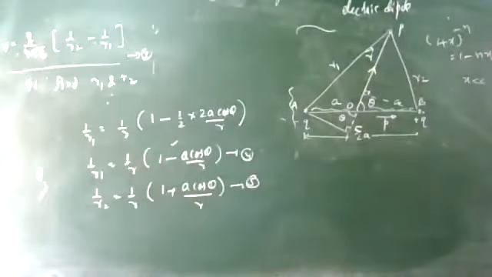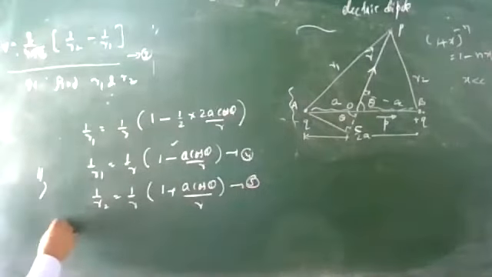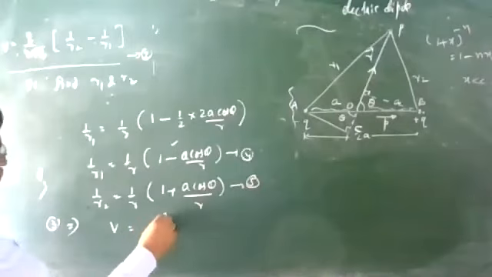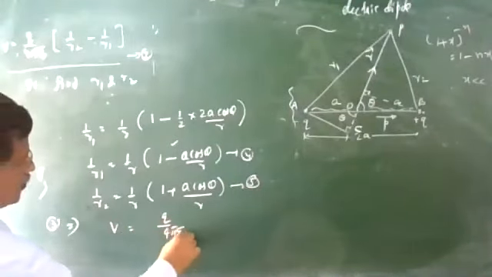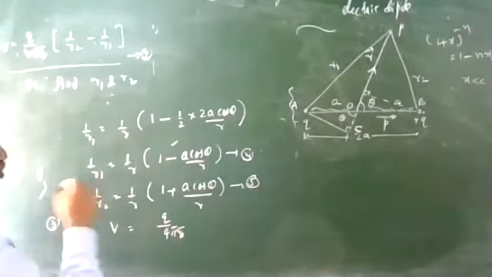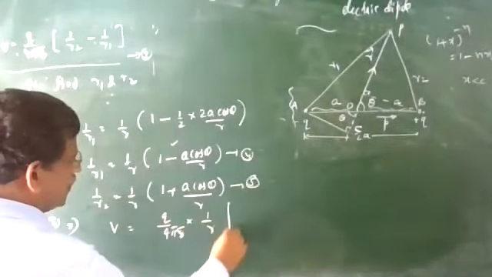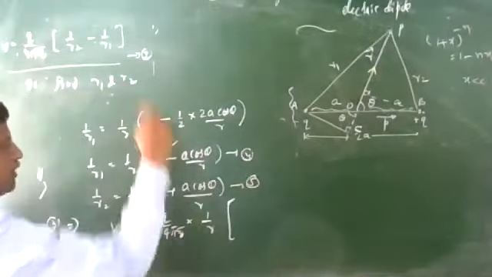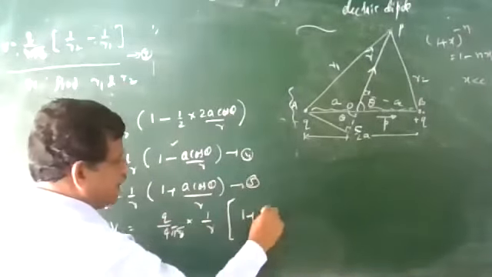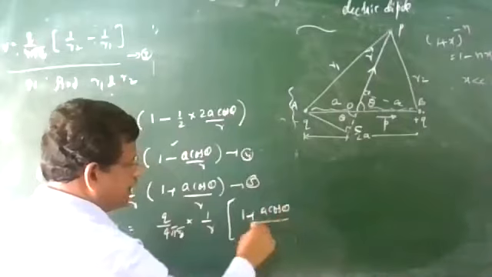From equation number 3, we are getting the value V equal to Q divided by 4 pi epsilon 0. You can look at this equation: 1 by r is common and can be taken outside. 1 by r is already outside. 1 by r2 value is here: 1 plus a cos theta divided by r.